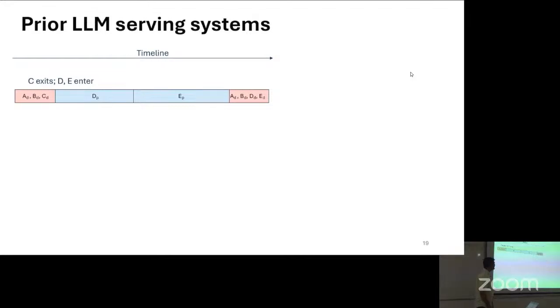Yes, we can do that. So the system logic is that whenever we run decode, we want to run decode with the maximum batch size. This is more of a system-facing technique in the sense that anytime I do decode, I want to utilize my GPU.